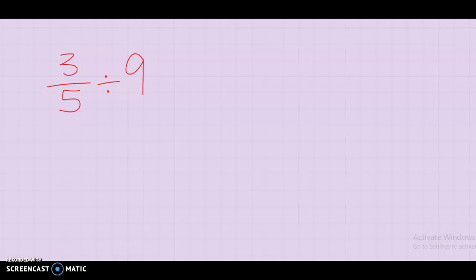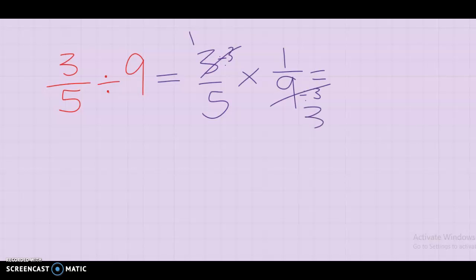Pause the video and try this one out. 3/5 divided by 9. 3/5 times 1/9. I'm going to divide this numerator and this denominator by 3. 3 divided by 3 is 1. 9 divided by 3 is 3.